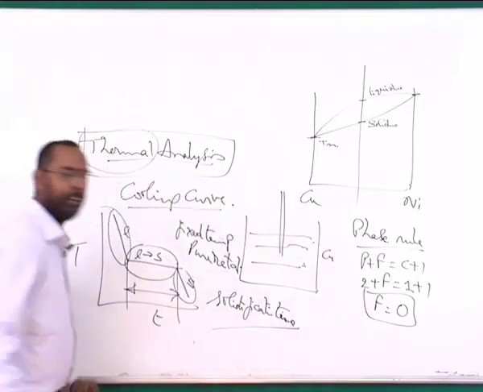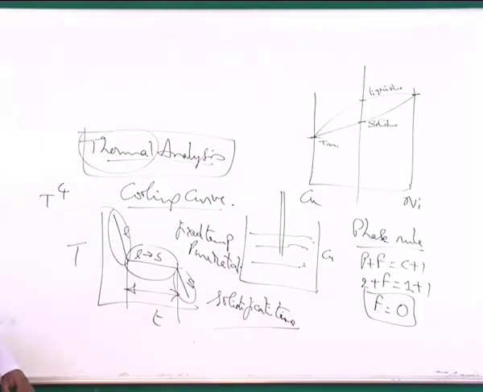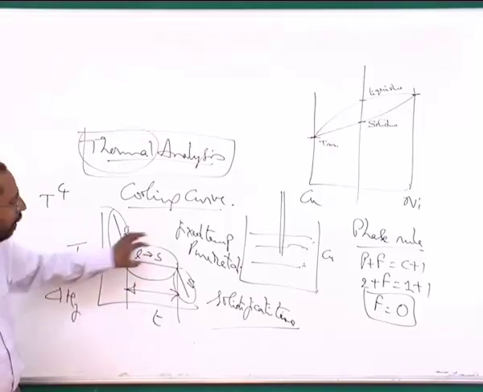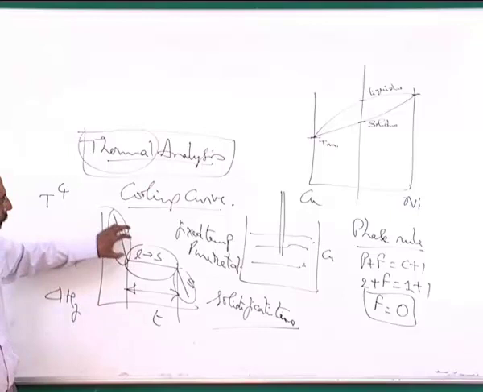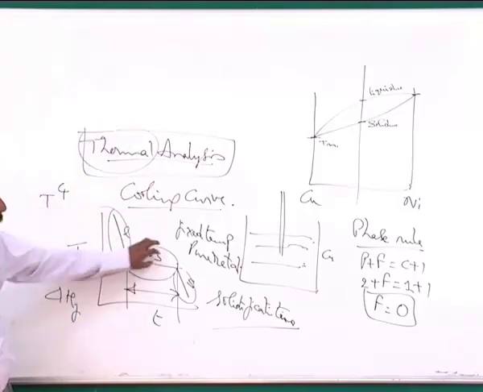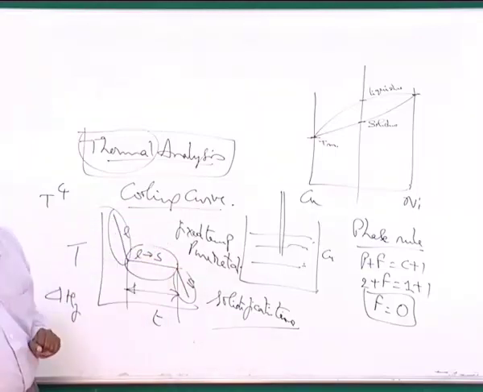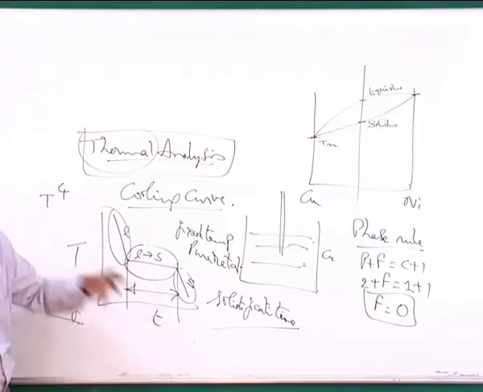And this solidification time obviously would depend on the delta H of fusion, how much heat is to be released when a liquid is transforming into solid, what is the amount of excess heat available in the liquid with respect to the solid, which has to be removed for the liquid to be converted into solid, is one parameter. The second that is very important is the rate at which this heat is being removed.